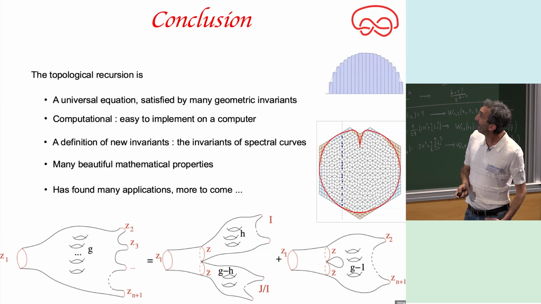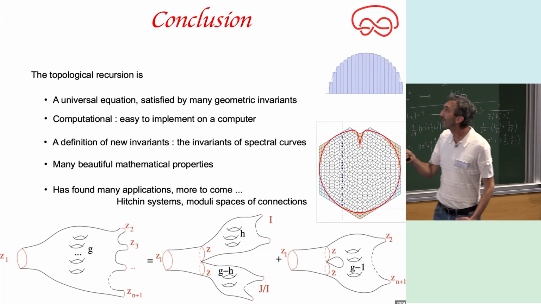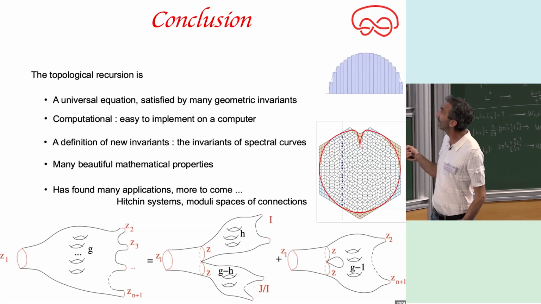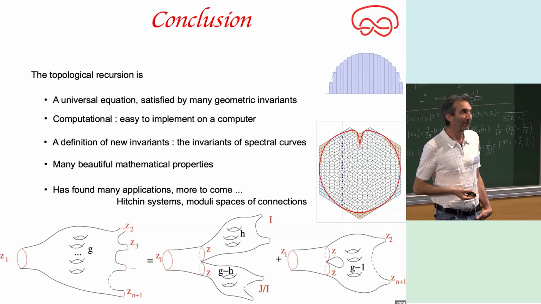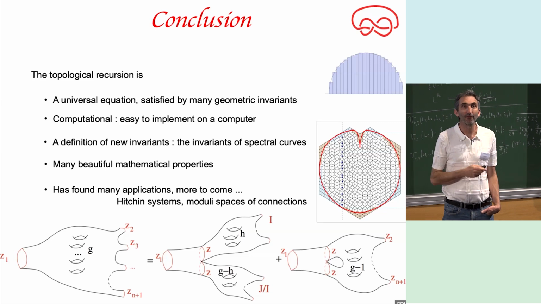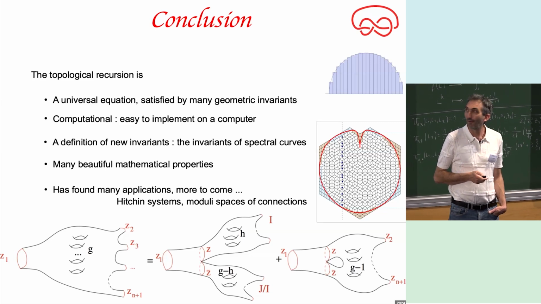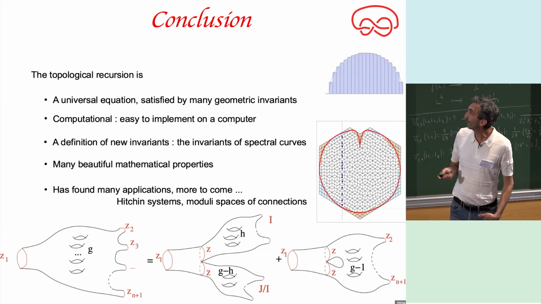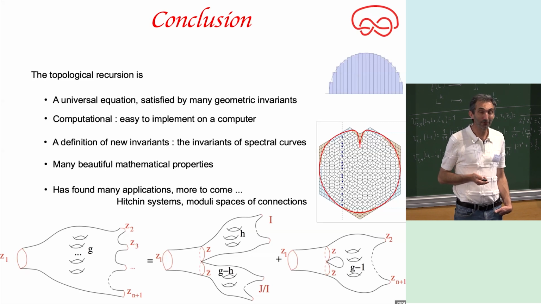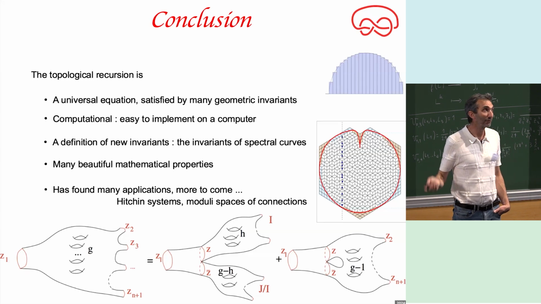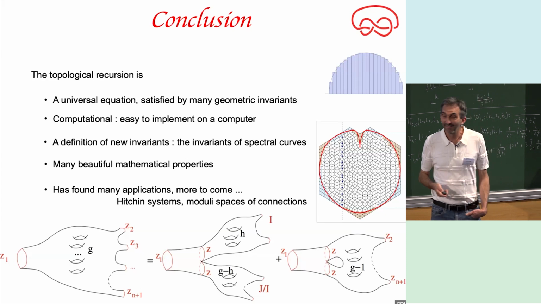I also mentioned a little bit integrable systems like Hitchin systems and also moduli spaces of connections. I didn't talk about intersection numbers, but we have some kinds of Gromov-Witten numbers anyways. So this is just to give you a hint of things that can be done through topological recursion. And in fact, studying topological recursion on its own is interesting.